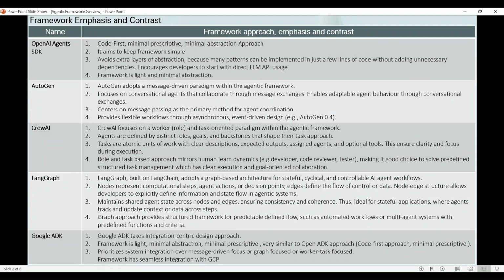So OpenAI SDK, it is light, lean, and encourages you to work directly with LLM APIs and if not required, you don't use any extra layer of abstraction or hidden complexity which comes with a framework. So it is like just your code, your logic, lightweight mechanism to connect to LLMs.